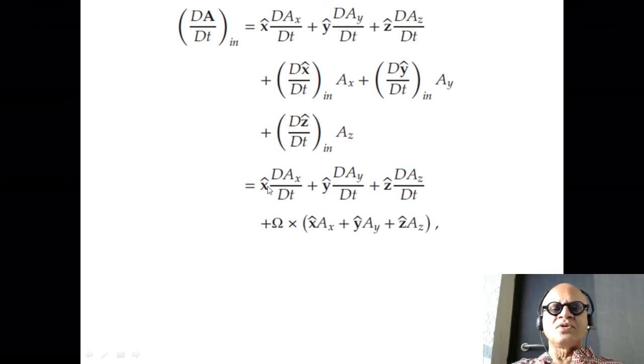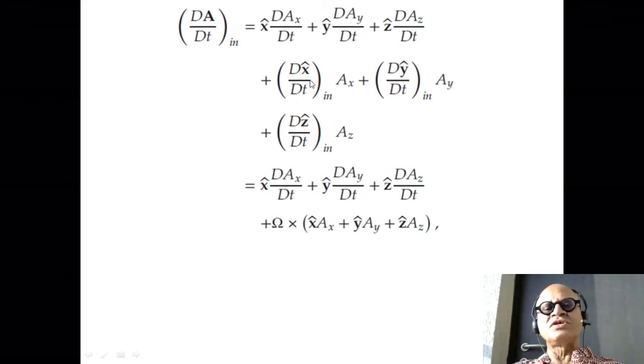Okay, so together what do we have? x dAx/dt, y dAy/dt, plus z dAz/dt, plus omega cross x Ax plus y Ay and z Az.